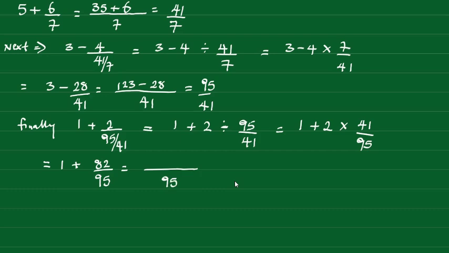Now, 95 divided by 1 gives us 95. 95 times 1, we have 95 plus 95 divided by 95, we have 1. 1 times 82, we have 82. So at our numerator, we have 95 plus 82 gives us 177 divided by 95. We leave our answer at this because this is what we find in our option.